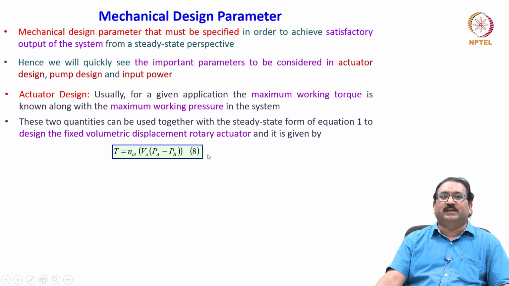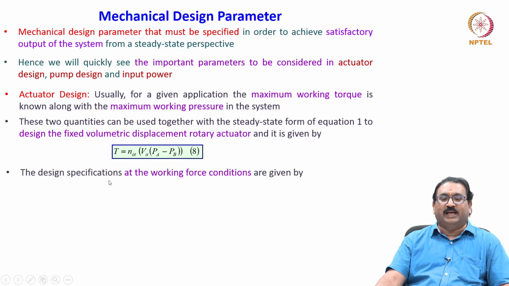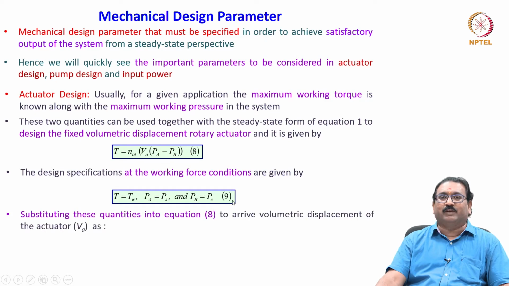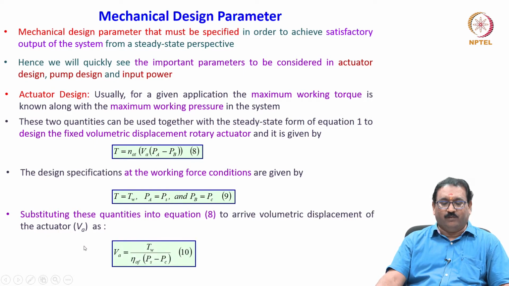We can call it equation 8. The design specifications at the working force conditions are given by T equal to TW, PA equal to PS and PB equal to PC. Call it equation number 9. Substitute these quantities into equation 8 to arrive at the volumetric displacement of the actuator, VA as TW by nu AF into PS minus PC. We can call it equation number 10.